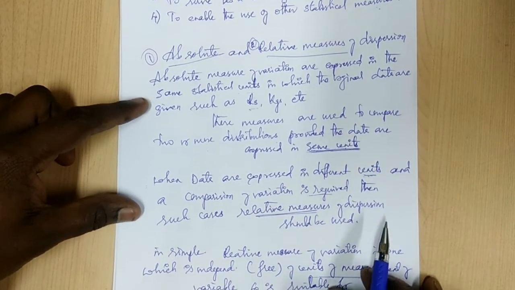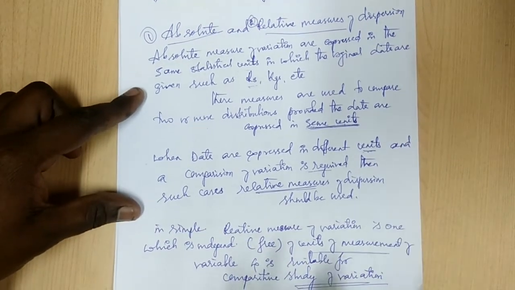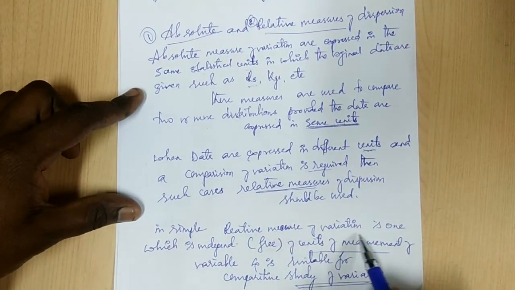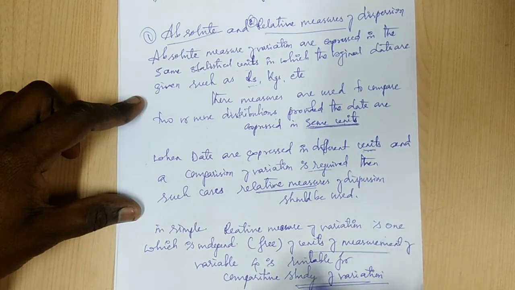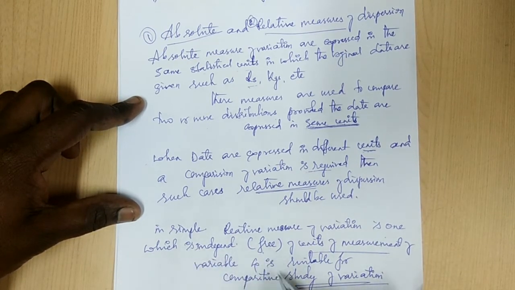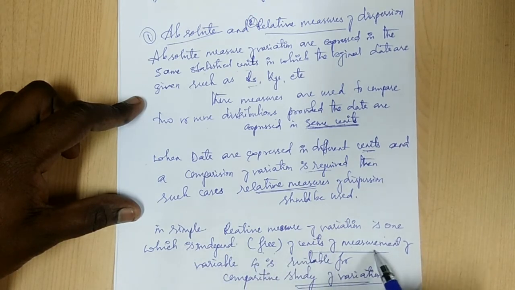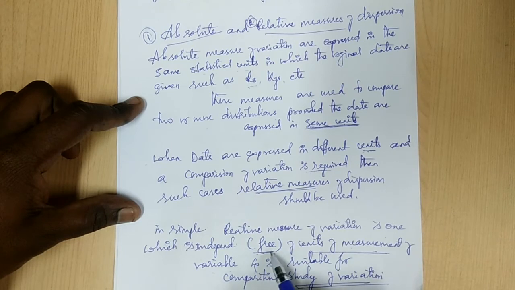In simple terms, a relative measure of variation is one which is independent of the units of measure of the variable, and it is very suitable for comparative study of variation.